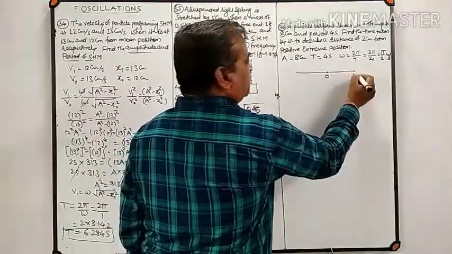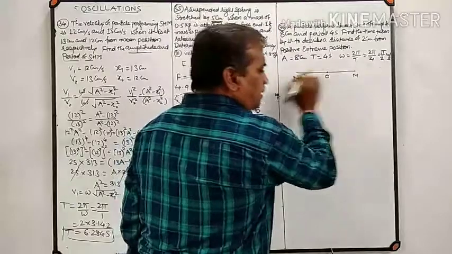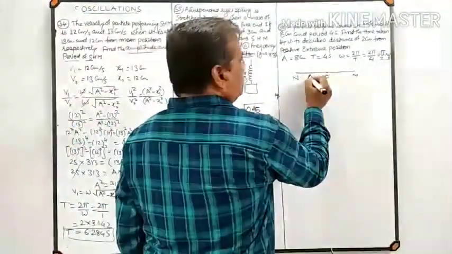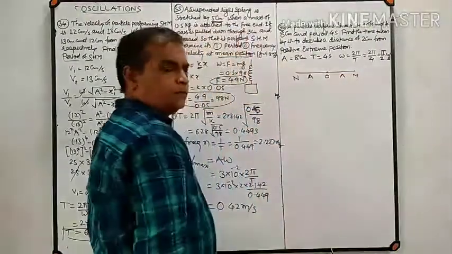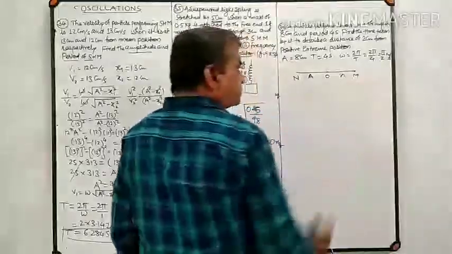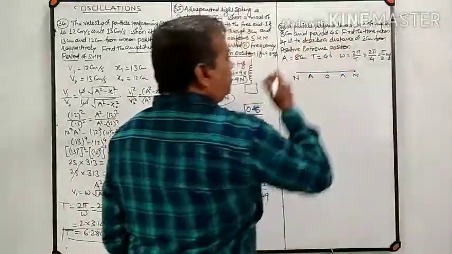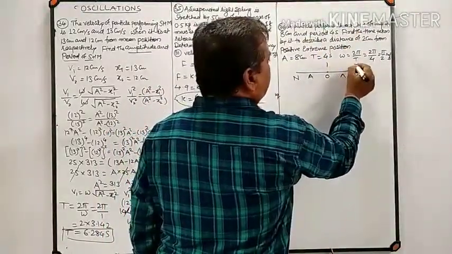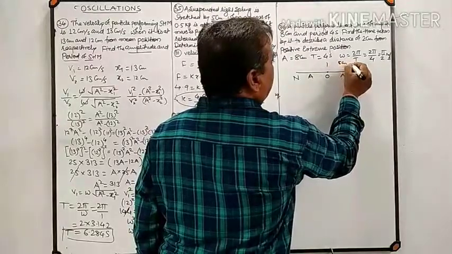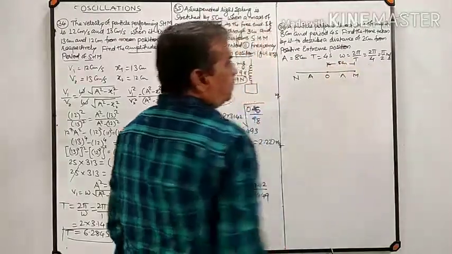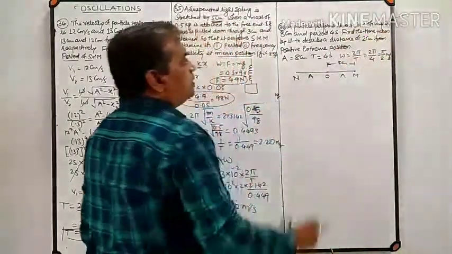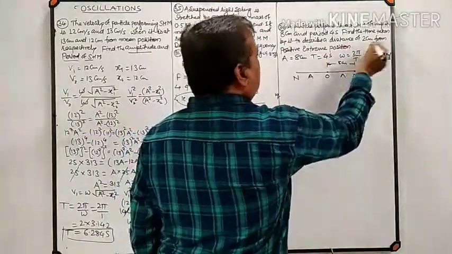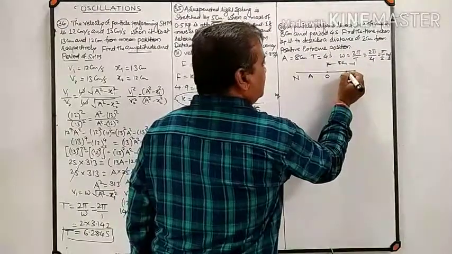Suppose the particle is performing linear SHM along the straight line path MN of length 2a. It is given that we have to find the time taken. Here the amplitude of SHM is 8 centimeter, which means this distance from O to M is 8 centimeter. Now we have to find the time taken by the particle to describe a distance of 2 centimeter from positive extreme position.